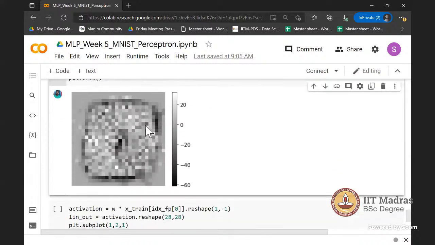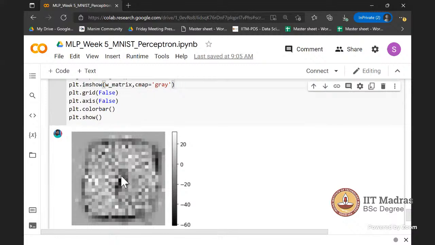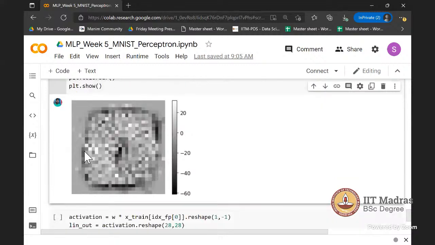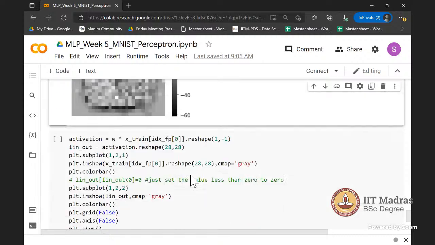So this is how the weight matrix looks. Wherever there are white, lighter spots, you will see that the values of those particular pixels are high, and wherever there are black or dark spots, the weight parameters for those pixels are small or low.